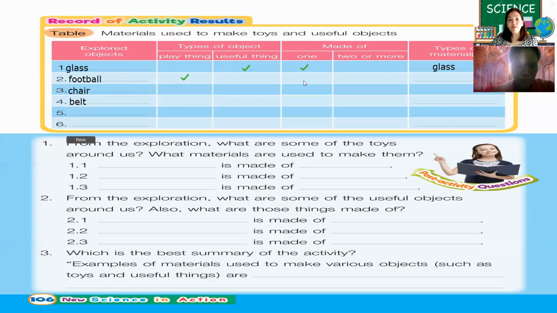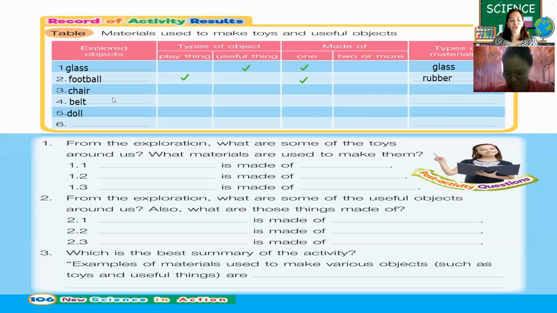It is made of one material. And what type of material is it? It is a rubber material. I think most of the balls that we use for playing are made of rubber, so it can bounce.